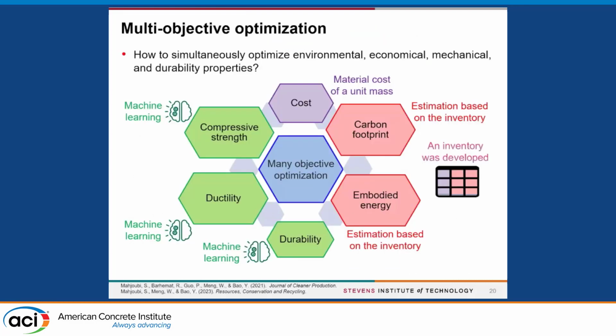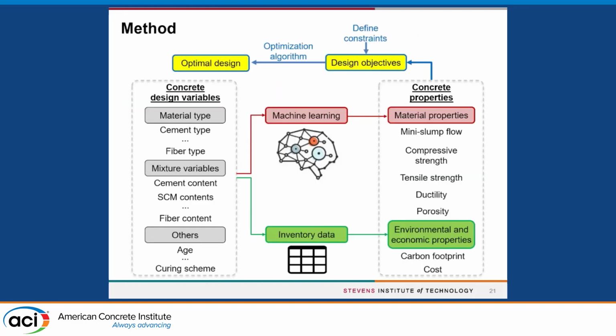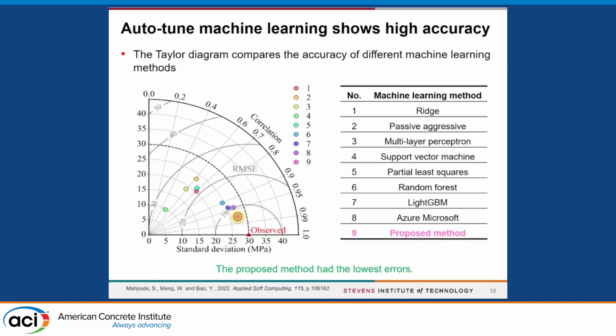So we considered the variables: the material types, the mixture variables, cement content, the different materials content, and also some curing schemes. No, I meant when you distinguish between the normal and anomalous data, what did you consider? Your anomaly detection? Yeah.